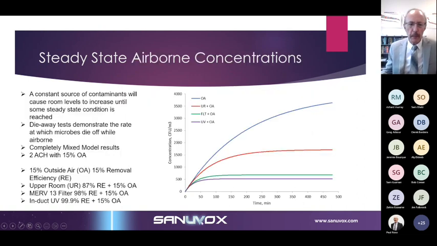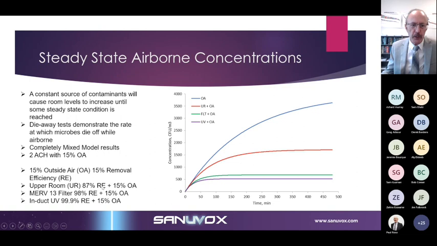Airborne concentrations, when we put a constant source into a room, will cause the concentration, say in CFU per cubic meter, to increase over time. In this case, we're looking at outside air at 15% of 2 ACH, which is about 0.35 ACH. The outside air does not really reach steady state after 8 hours. The level of contaminants continues to increase. Now we compare it with an upper room system in the red, which includes that 15% outside air, and it reduces the concentration to less than half of what it was.